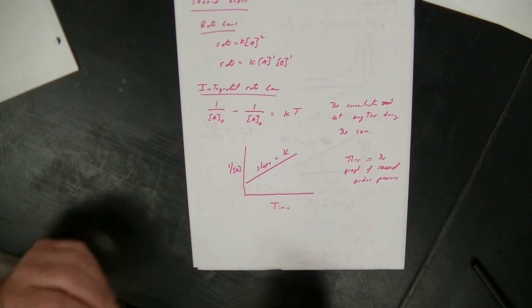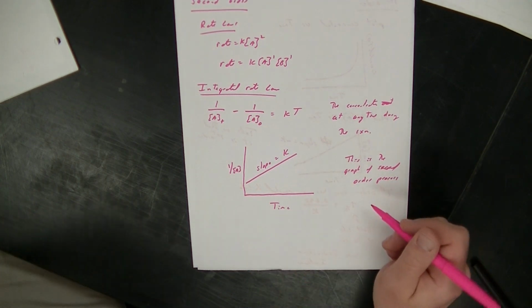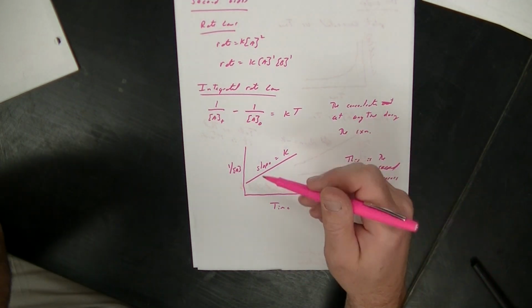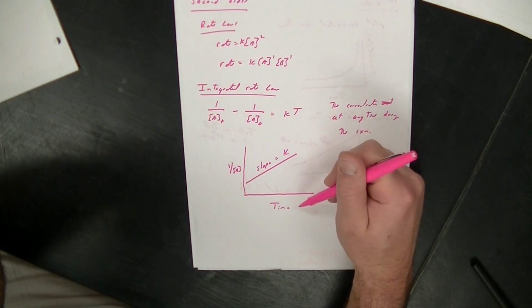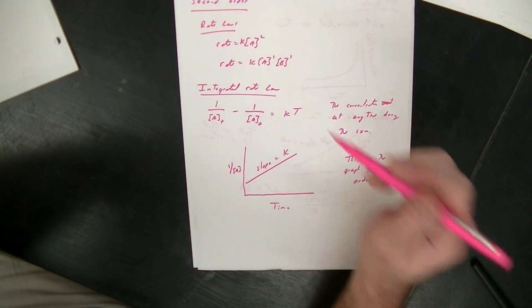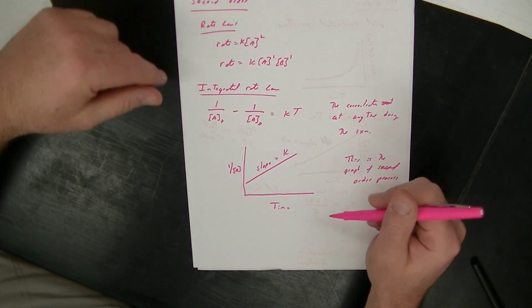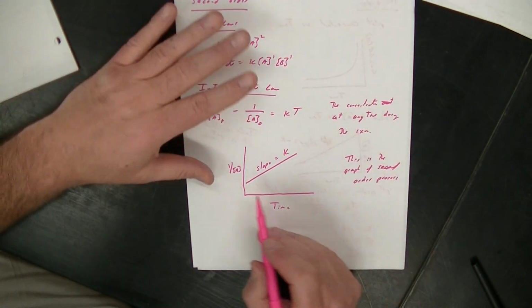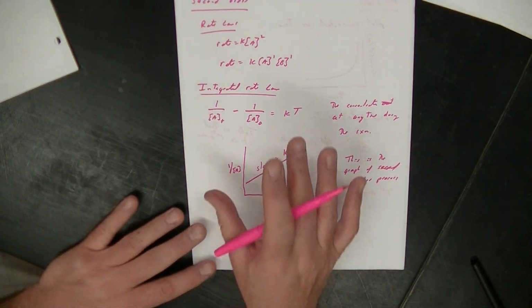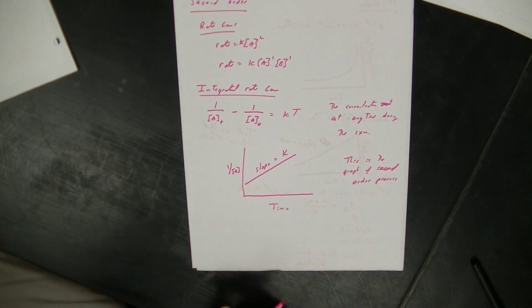And again, you would have to be able to pick this out. If we were to graph this integrated rate law, this is what it would be, and it would be second order. Or they could show you this and ask what order reaction this is, and you would have to say it's second order. So make sure you remember these graphs.